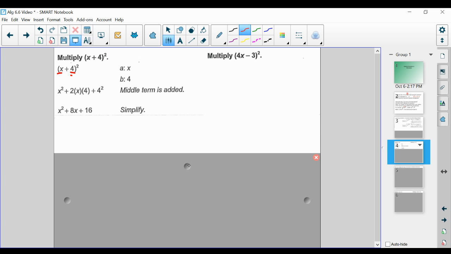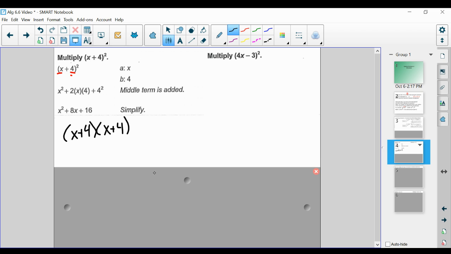Now, if you did not use this method and you rather wrote out x plus 4 times x plus 4, you're going to end up with the same answer. X times x is x squared. X times 4 is 4x. 4 times x is 4x. And 4 times 4 is 16.